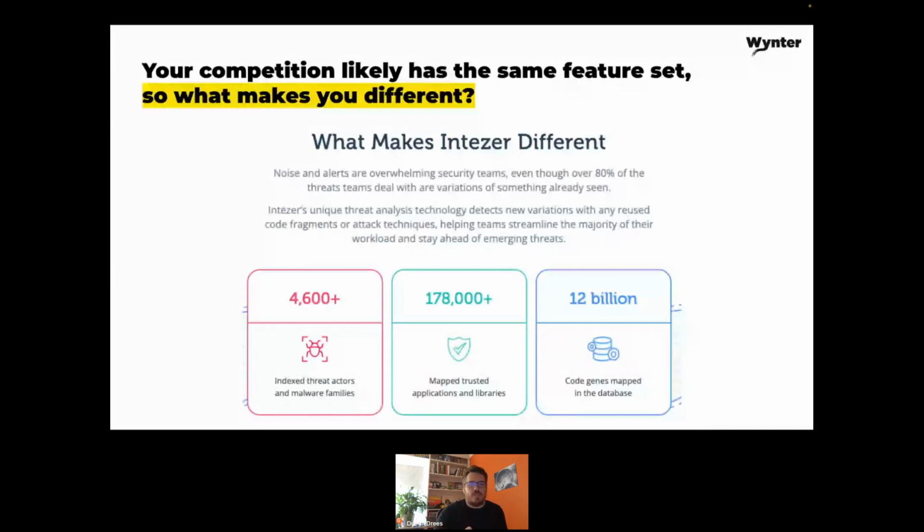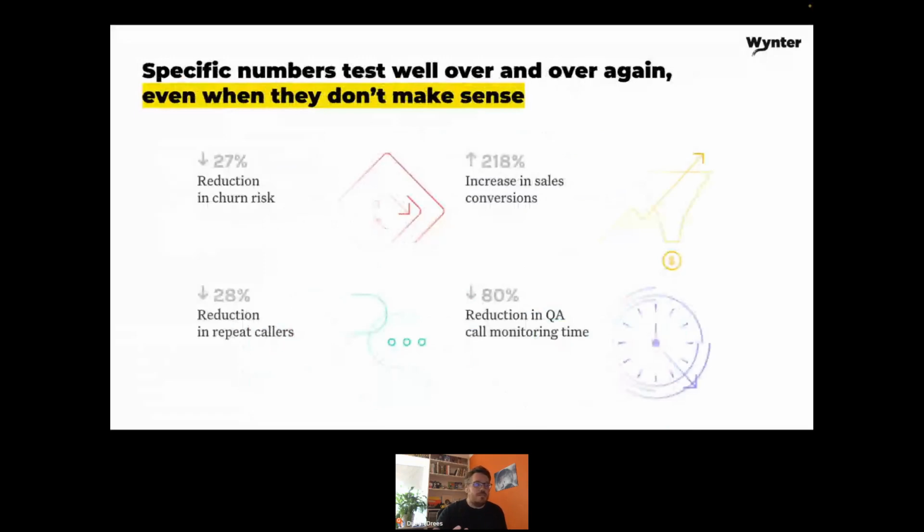In this case, for instance, if it is something about how much more data you have or how your data is delivered, the responses could be really useful. It might be simple enough as just utilizing some of the actual improvement statistics. Over and over again in Wynter tests, this tests well all of the time.